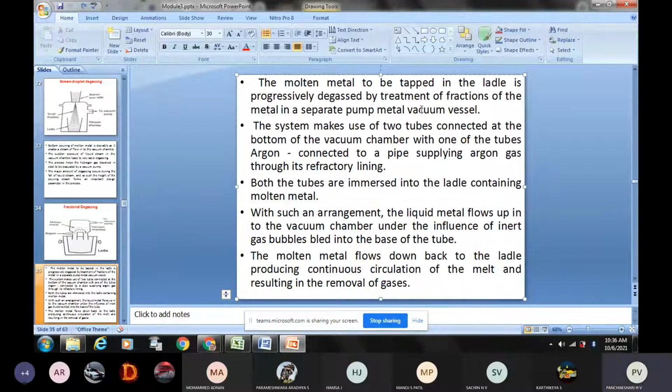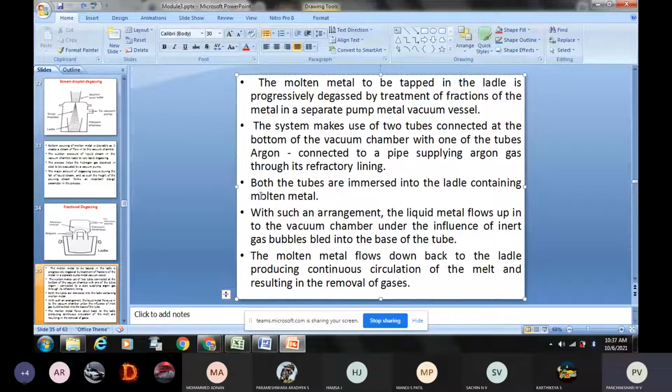Okay. The system makes use of two tubes connected at the bottom of the vacuum chamber that you have seen, with one of the tubes connected to a pipe supplying argon gas through its refractory lining. Both the tubes are immersed in a ladle containing molten metal.